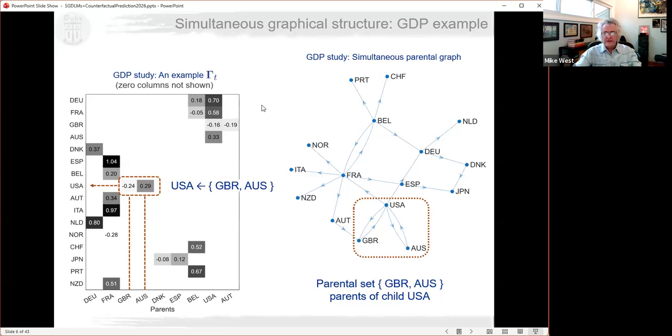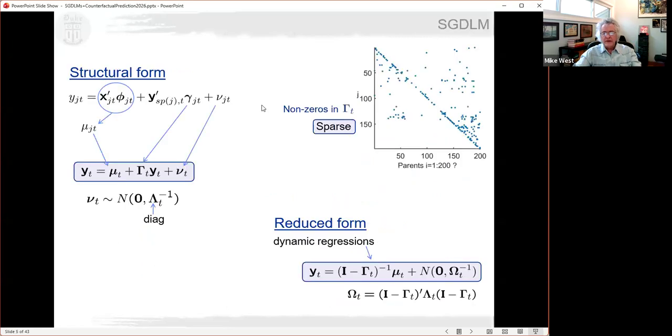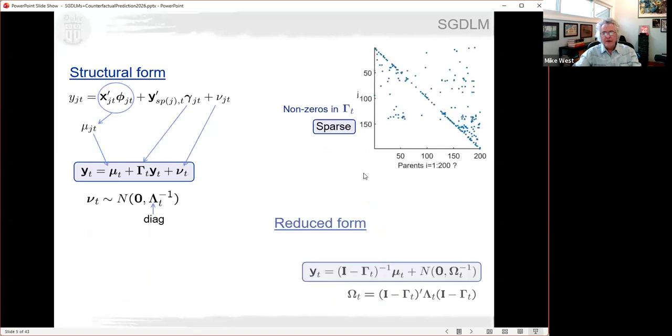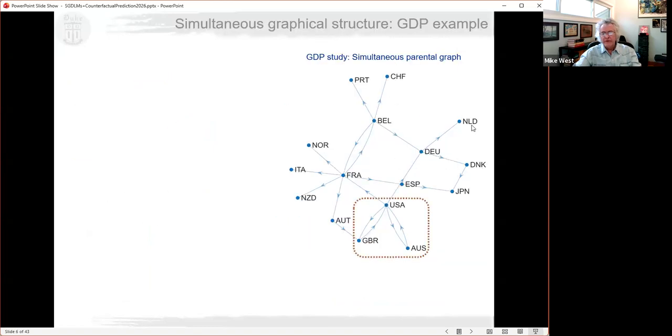So just go back to the equation, that structural form of the equation. Here with this gamma matrix, the gamma part corresponds to a graphical representation in terms of a directed graph. That's why we use the term graph. And we use some graph theory coming along.